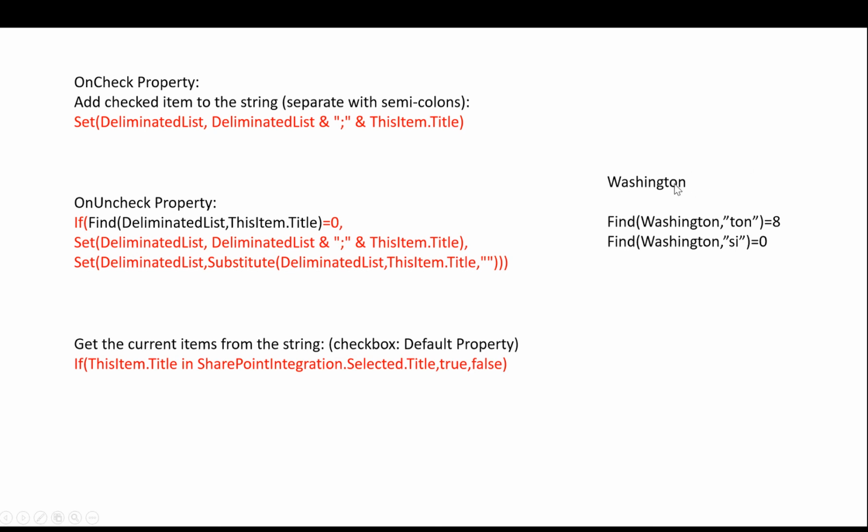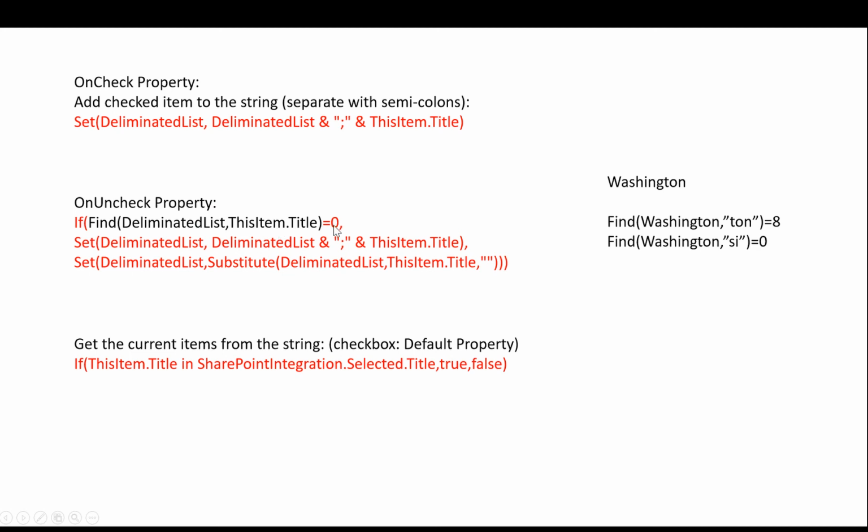So if Washington was our delimited list, and I say find "ton", T-O-N, in Washington, the return value will be 8 because the T-O-N is at the 8th position in this string. However, if I say find "si", S-I, in Washington, I'm going to get back 0 because S-I is nowhere in that string together as a team. So what we're doing here is saying find in our current string the title of the option that we've clicked.